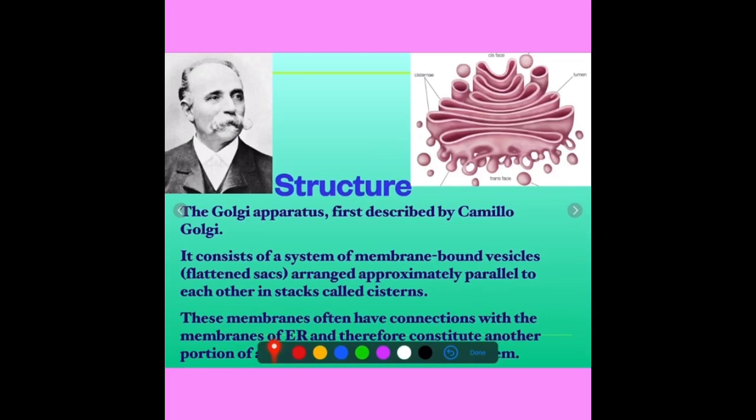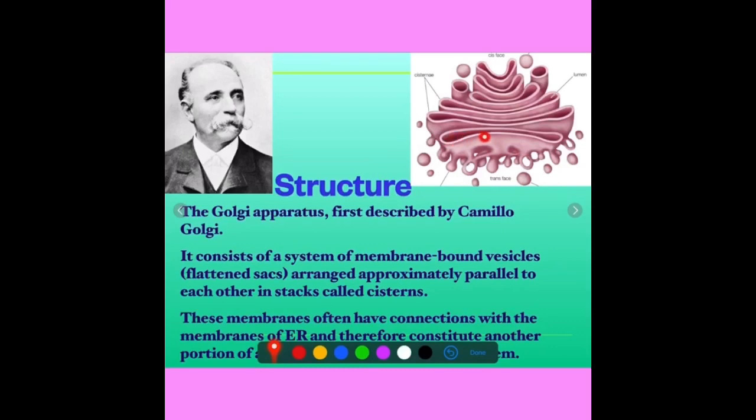And while studying the cells of the brain, he developed a technique of black staining. And there he saw first these structures called Golgi apparatus. So, in the honor of Dr. Camillo Golgi, we call this organelle Golgi apparatus.